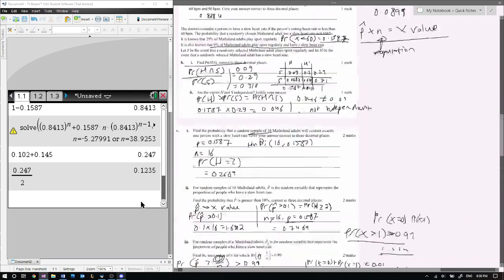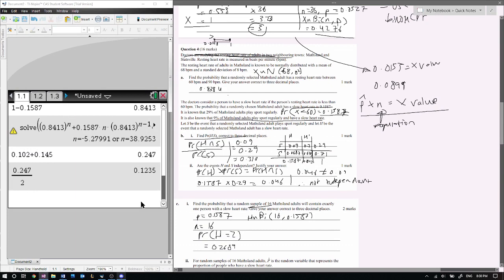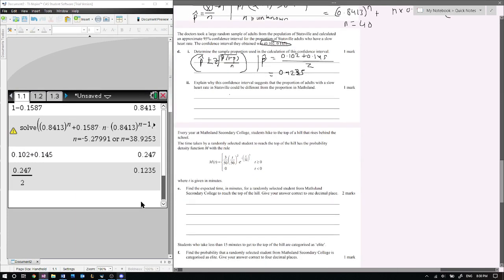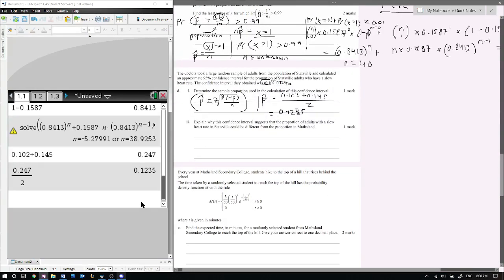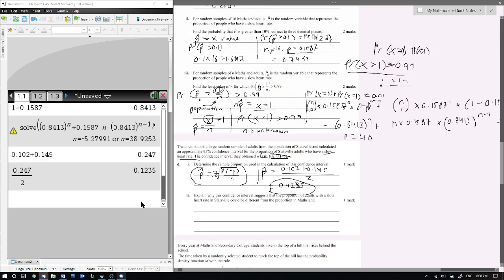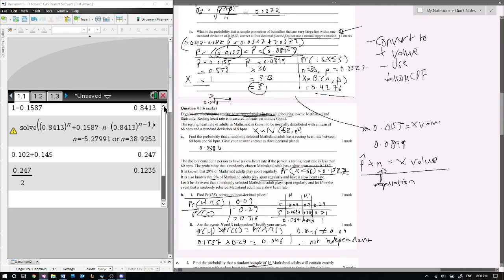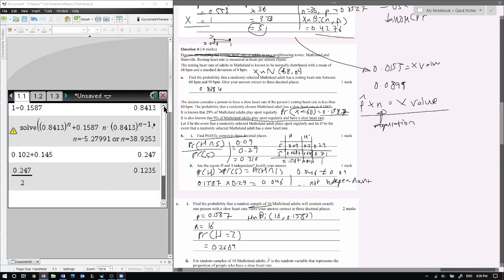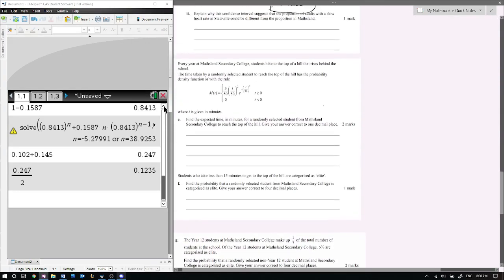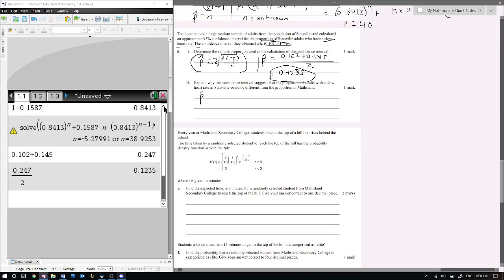Let's just go back and read what we know about Mathsland. Okay, so for Statsville adults who have a slow heart rate, the proportion is 0.1235. And the proportion of adults who have a slow heart rate in this one is 0.1587. So straight off the bat, p hat is different.